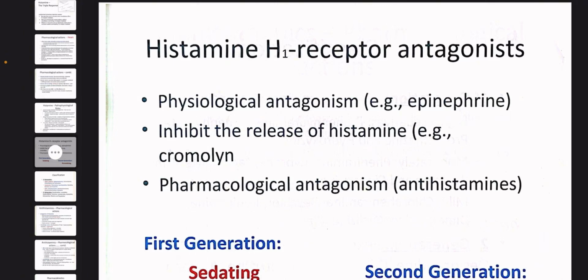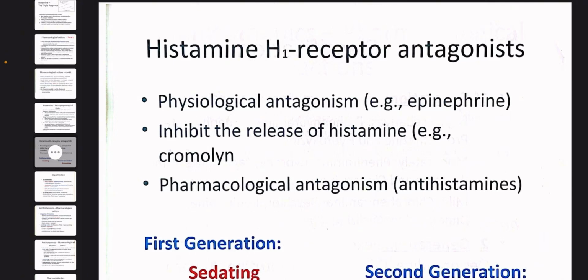Let me just put it this way. If you have a hormone that's supposed to cause constriction of blood vessel, and another hormone causes dilation of blood vessel, but that hormone does not actually bind to the receptor of the one that causes constriction. The one that causes constriction has its own receptor. It will just bind to it, cause constriction.